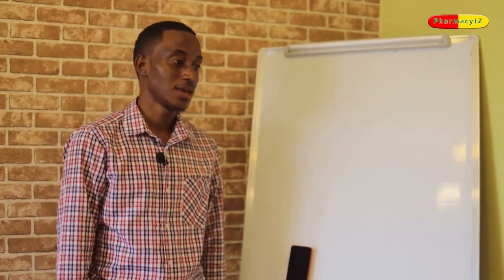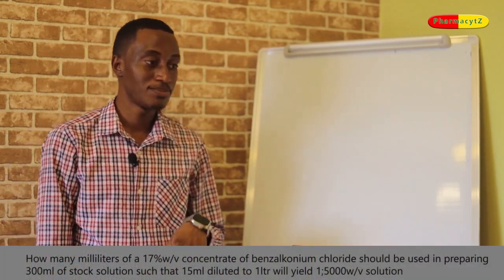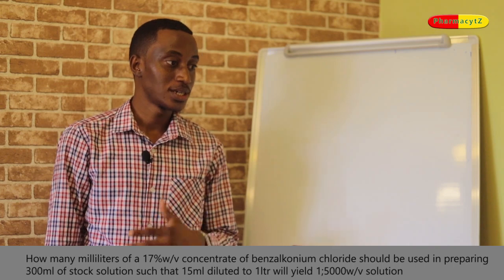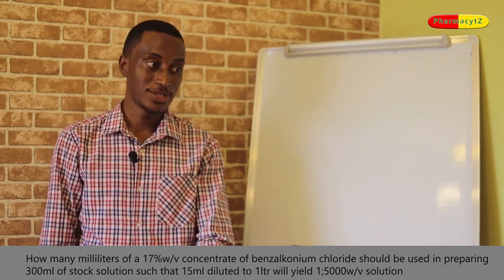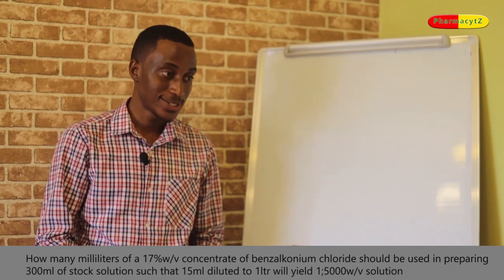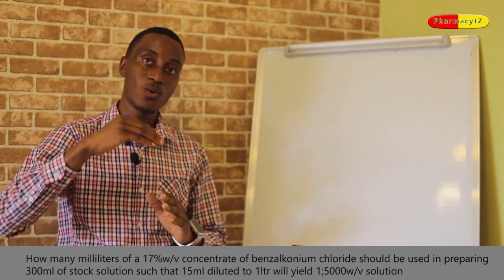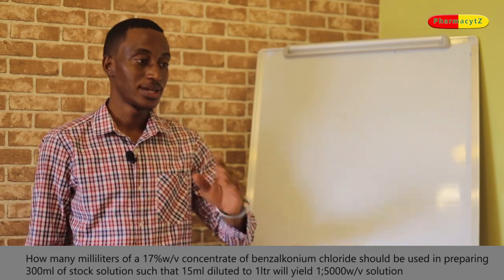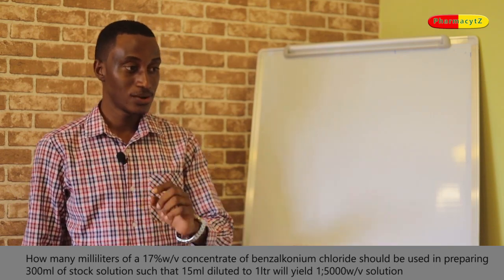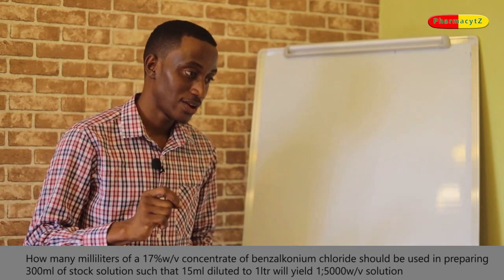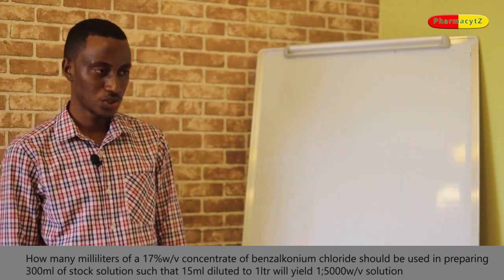Let's read this question. How many milliliters of a 17% weight in volume concentrate of benzalkonium chloride, this is a preservative, should be used in preparing 300 ml of stock solution, such that, be careful with the words such that, that indicates more than a single dilution, such that 15 ml diluted to 1 liter will yield 1:5,000 weight in volume solution.